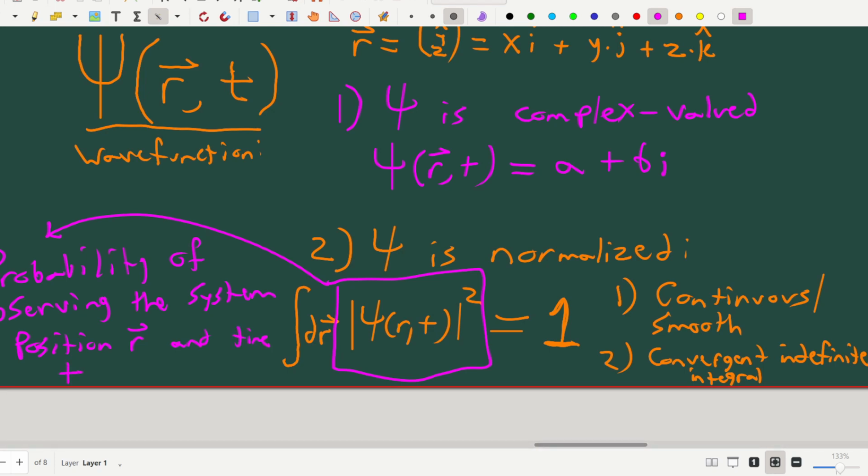So psi squared, the square of the wave function, is its probability. We'll see this so much in this class you'll get sick of it. So if it's not clear yet, we'll make it clear.